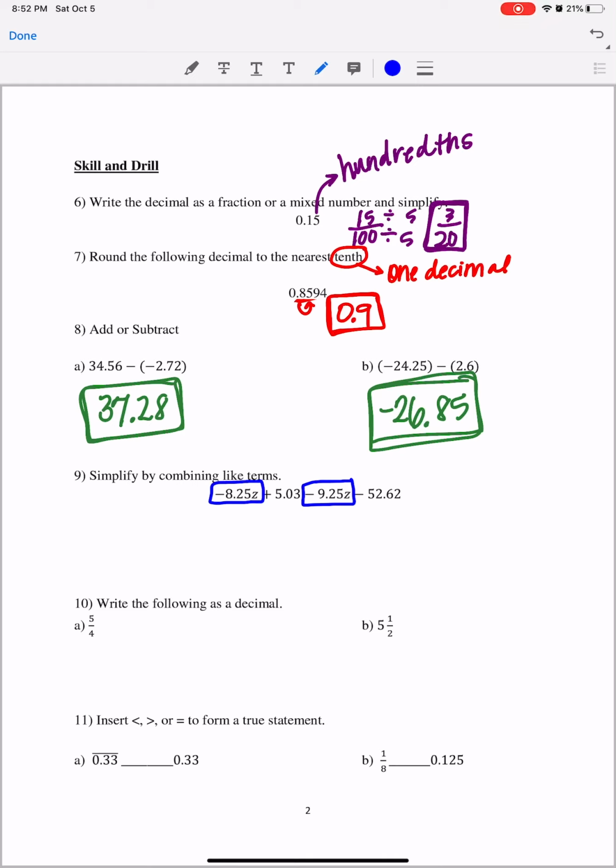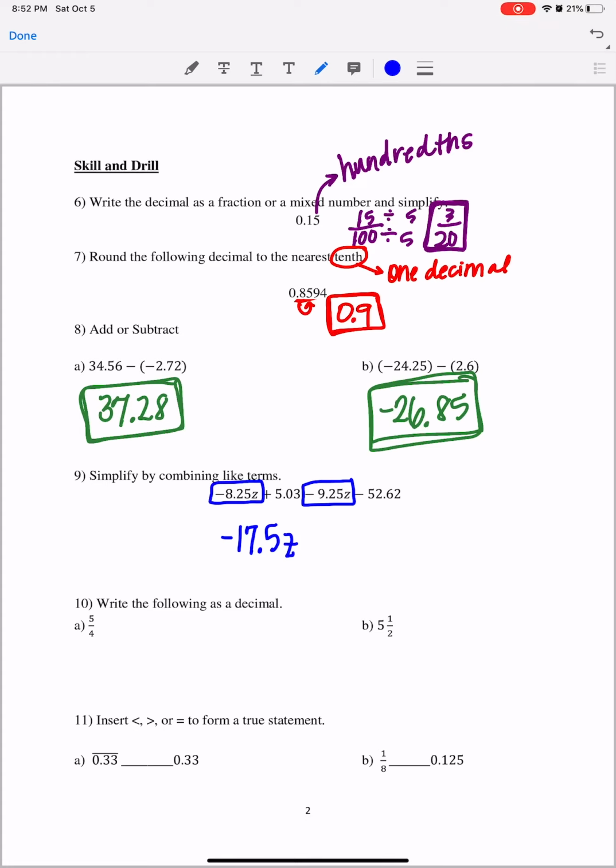Same thing in your calculator. Negative 8.25 minus 9.25. We get a negative 17.5. Keep that z on there.